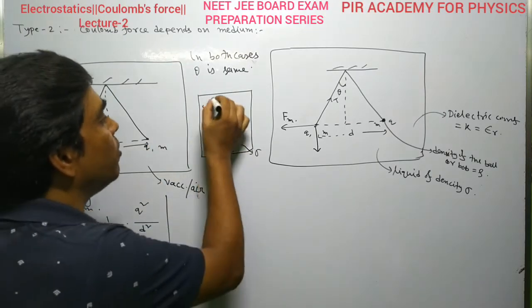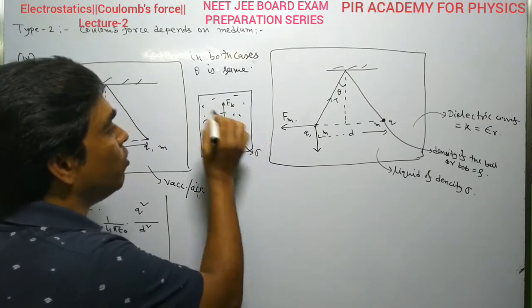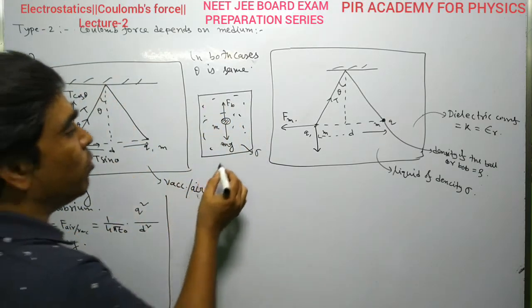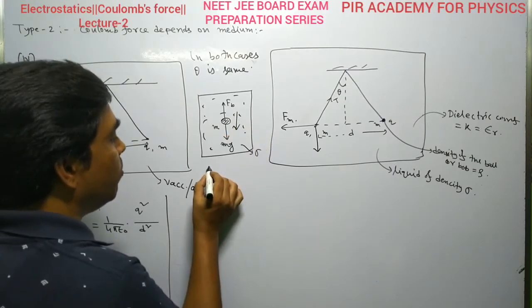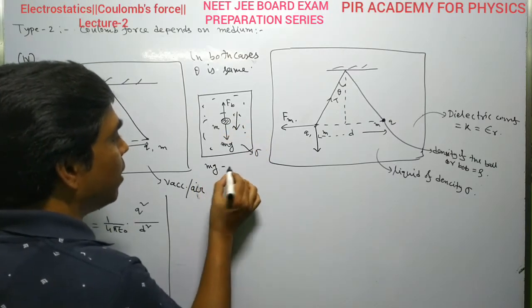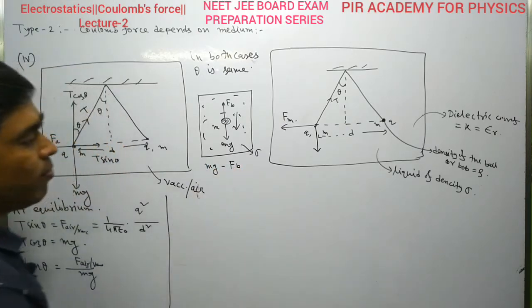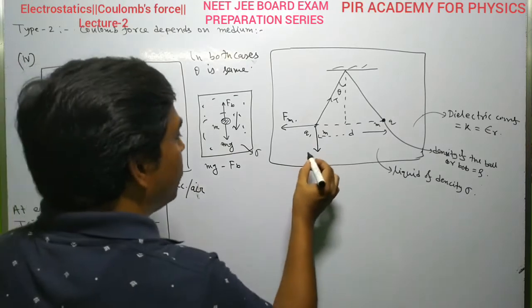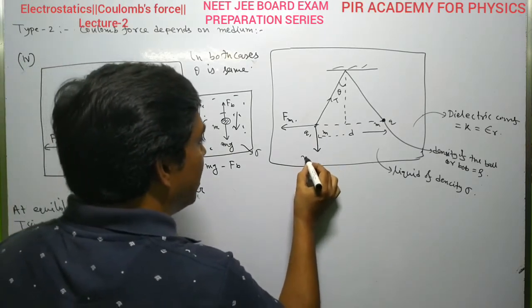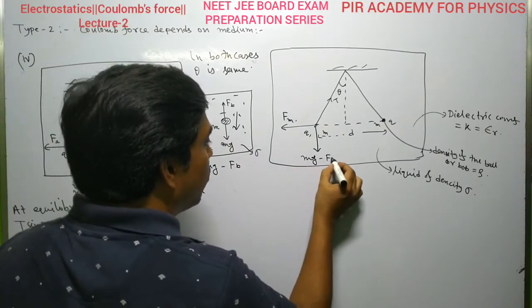Suppose this is a liquid. So there are two forces, and you have to find the resultant force. That means the resultant force must be mg minus F of buoyancy.